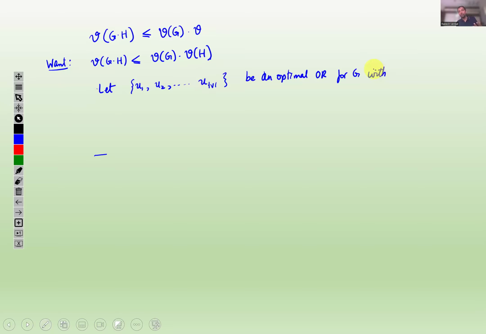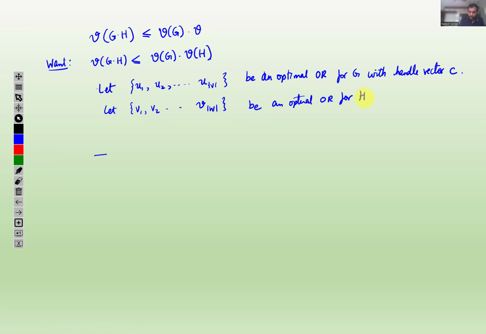And notice that the value of this is minimized with some handle vector, right? I'm going to call the handle vector for G to be C, and let the vectors be V1, V2 up to Vn, for H. And the handle vector for this is different because there was some other minimizing handle vector.